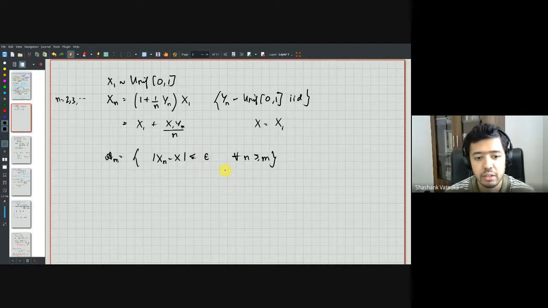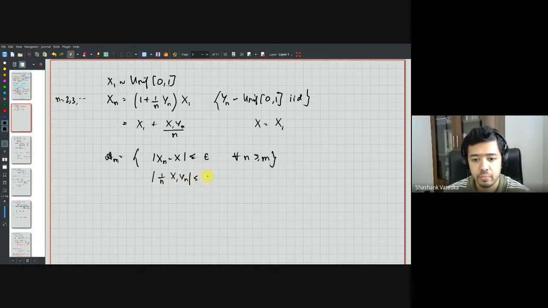Now in this case, what is Xn - X equal to? It's basically equal to 1/n times X1 Yn, and we want this to be less than or equal to epsilon for all n greater than or equal to m.